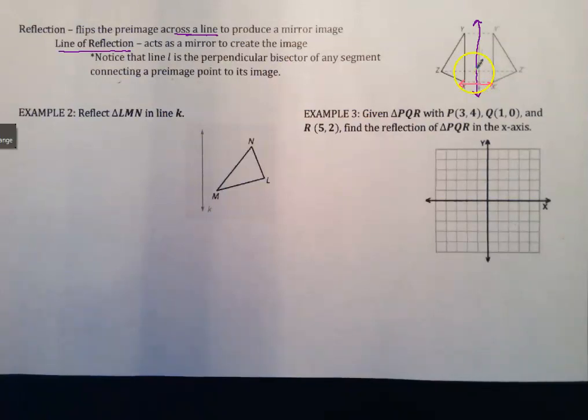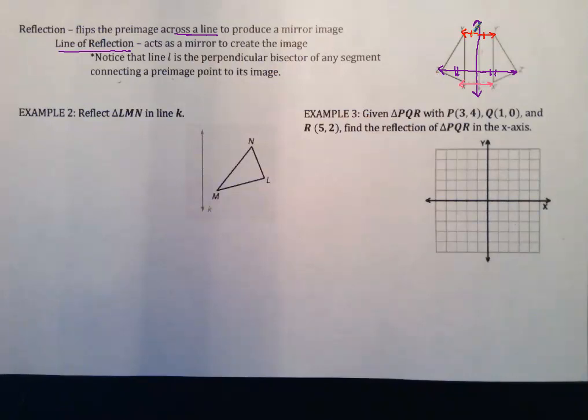So the distance from the bisector to Z and from the bisector to Z prime, those are the same distance. The distance from the line of reflection to Y and the line of reflection to Y prime is the same.